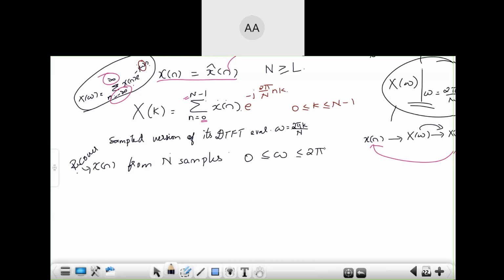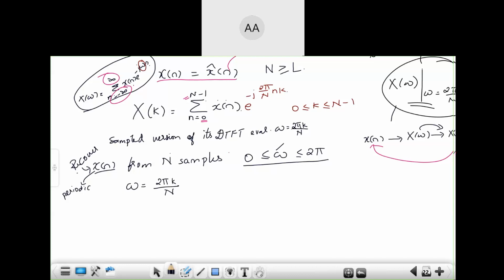That means you have to get back your x of n. Since you are considering only the periodic value, in the frequency domain the range of frequencies will vary from 0 to 2 pi. That is the reason you write the range like this, 0 to 2 pi, plotted at frequencies omega equal to 2 pi k by N.